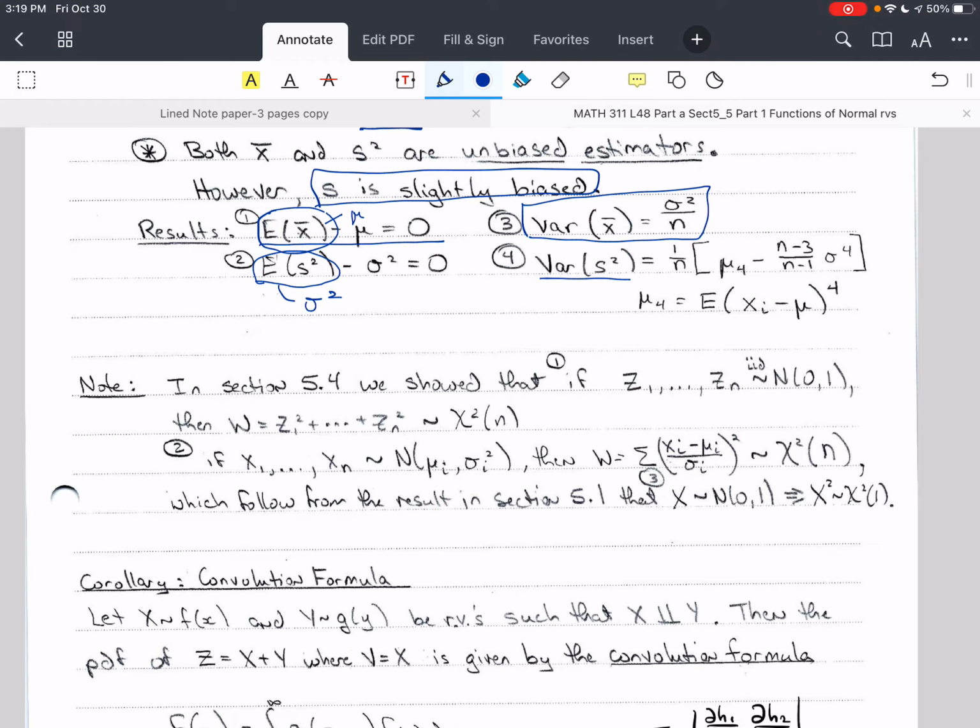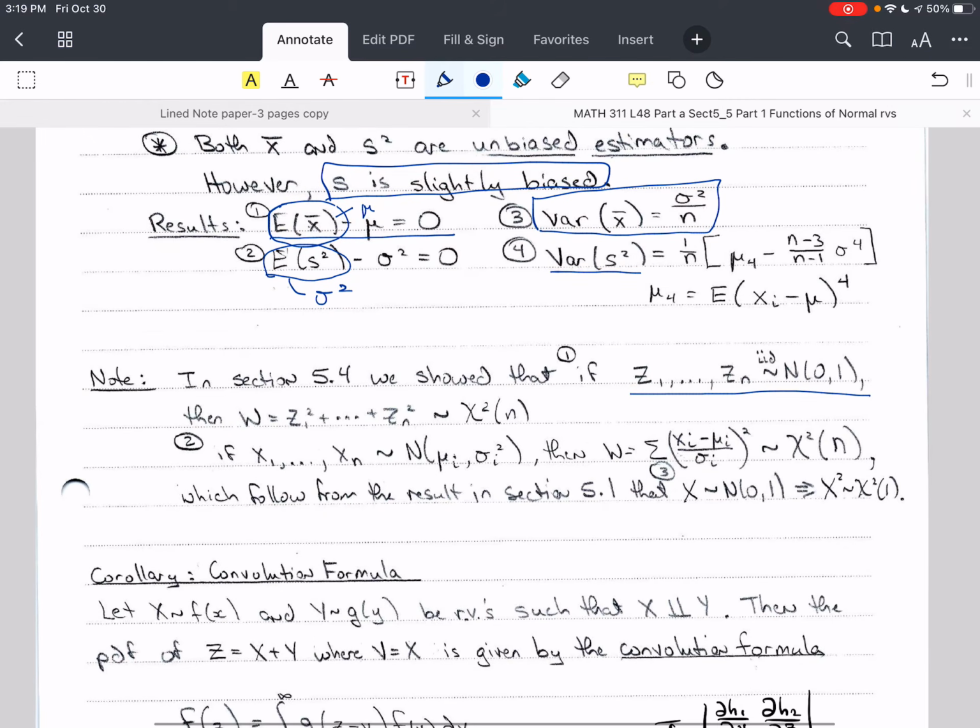Now, in section 5.4, we showed that if we had n IID standard normal random variables, then the sum of the squares of those random variables is a chi-squared n.